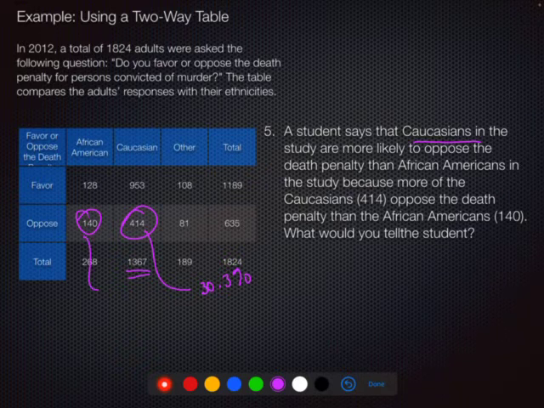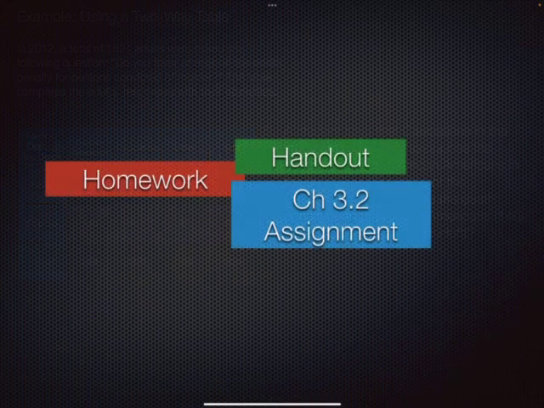But when we did African Americans, it was 52.2%. So even though more Caucasians said they oppose it, it's actually a lower percentage, over 20% lower. So you tell the student, actually not, because basing it off percentage tells you better detail of who opposes and who is in favor of the death penalty. All right, that's it.